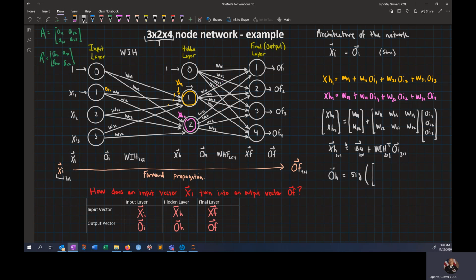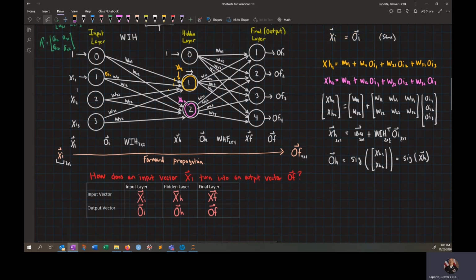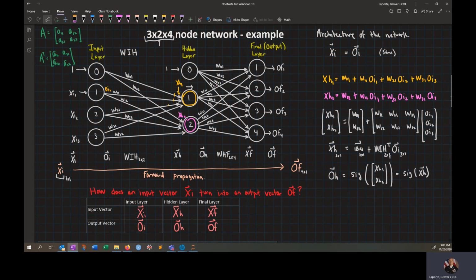So in this case, it'll be xh1 and xh2. So the sigmoid function just acts on each one of these components, or the sigmoid of xh. So that's the activation function, if you will, that we're using for this one. Okay, I think we're almost home with forward propagation.